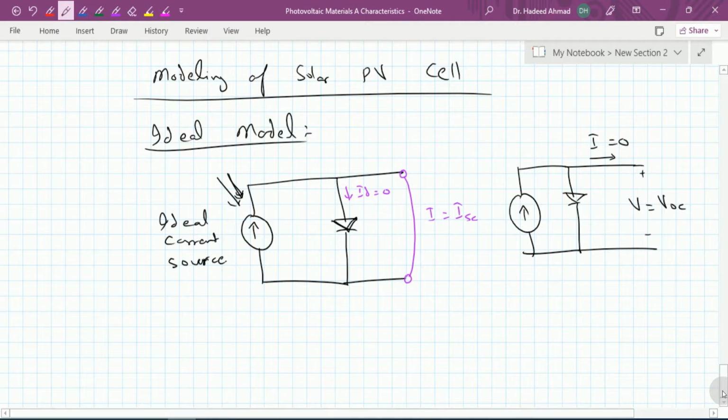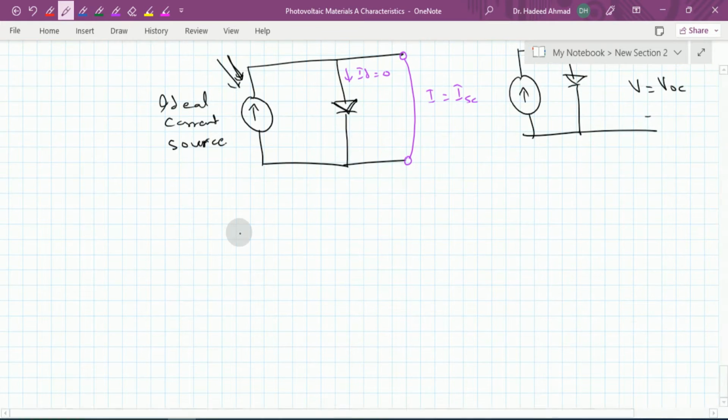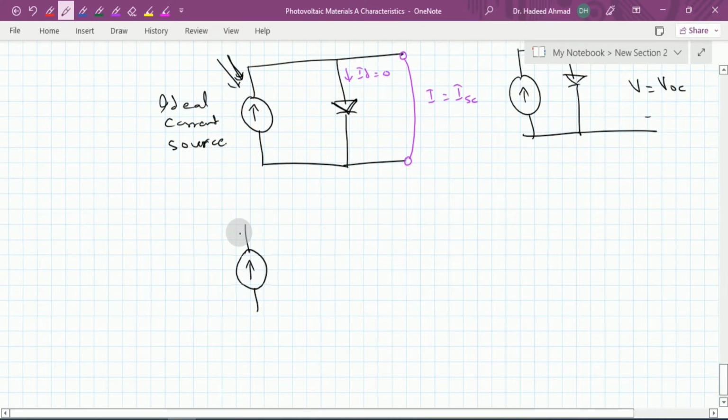we can write the equation which expresses the relation between the voltage and the current by applying the KCL on this particular node. So let me redraw this circuit again. Now we have a current source.